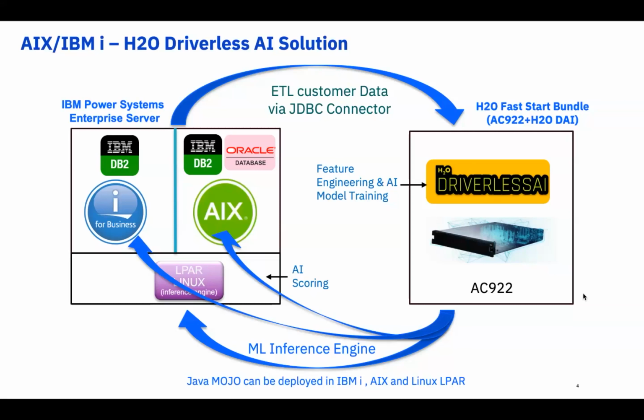The goal here, the bottom part, is to export the predictive model that provides value to your application and deploy it locally on your IBM i, AIX, or Linux application. This is really a crucial advantage.